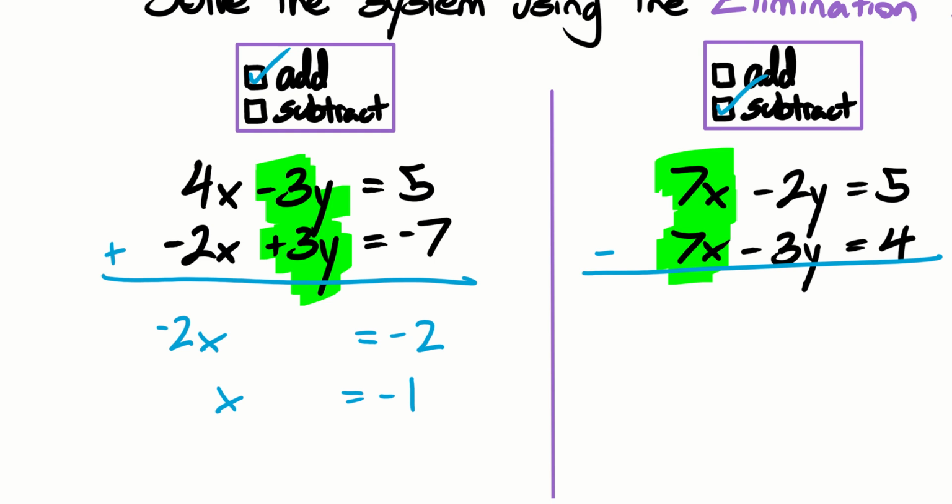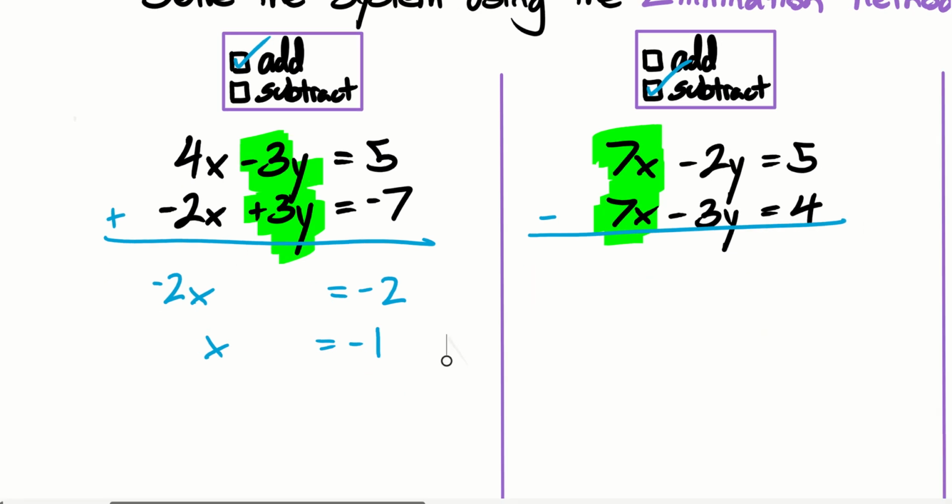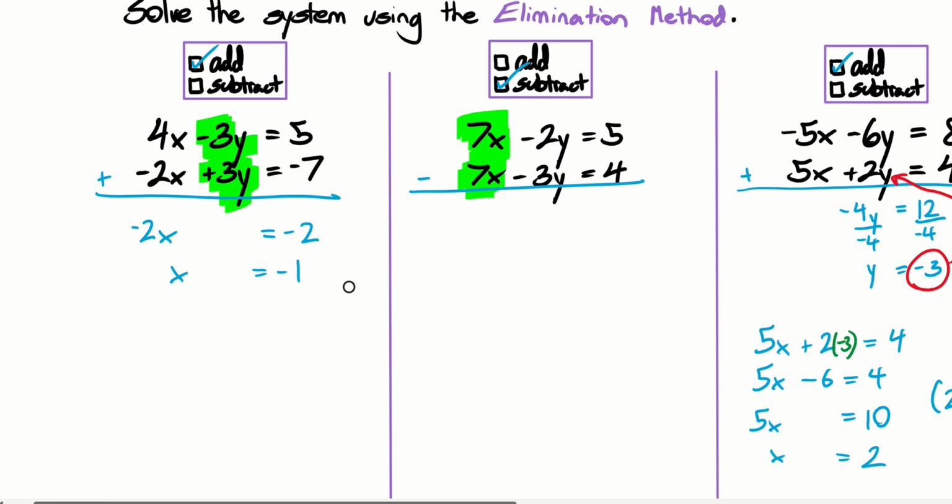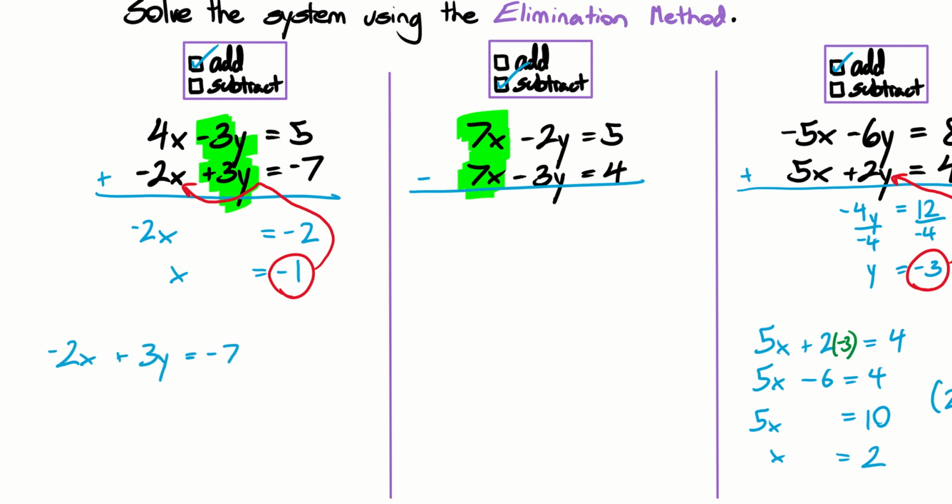I divided both sides by negative 2, which I know many of you can do mentally, which is great. I'm going to take that negative 1. I'll do the second equation again, right there behind that negative 2. Negative 2x plus 3y is equal to negative 7. Let's get rid of that x.